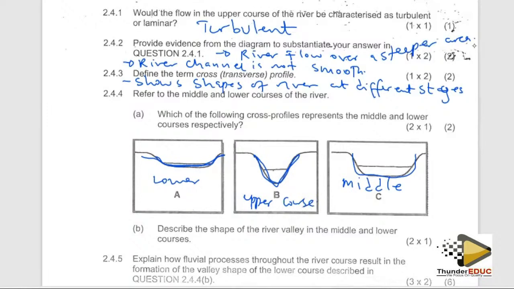Right. 2.4.4B: describe the shape of the river valley in the middle and the lower course.